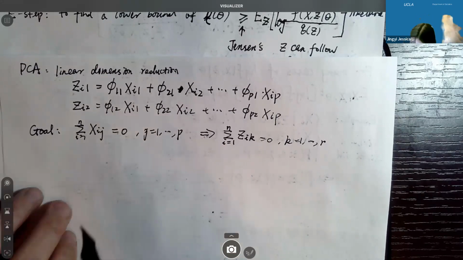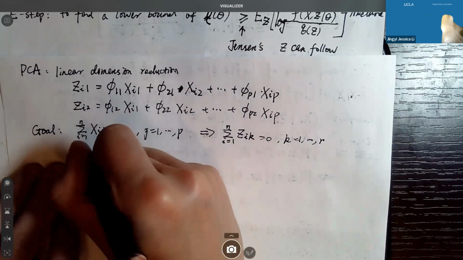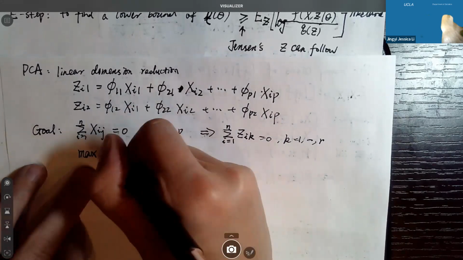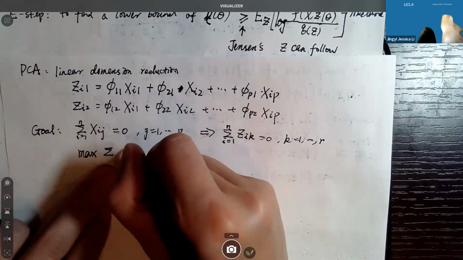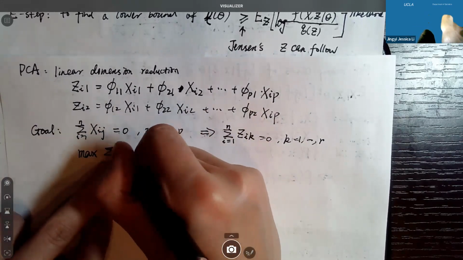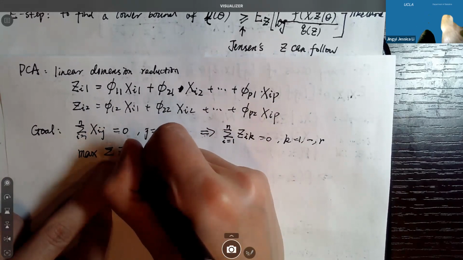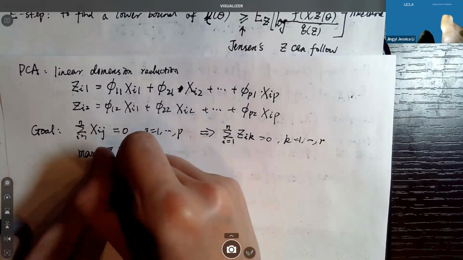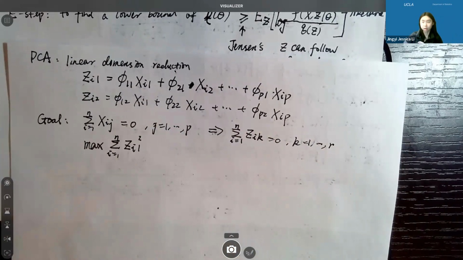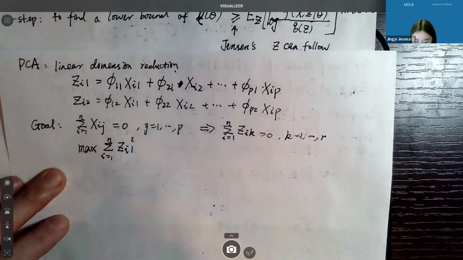Okay, so the goal is to maximize the sum of zi1 squared, i from 1 to n. That's our goal. Because I set the center to be 0, I just ignore the n.